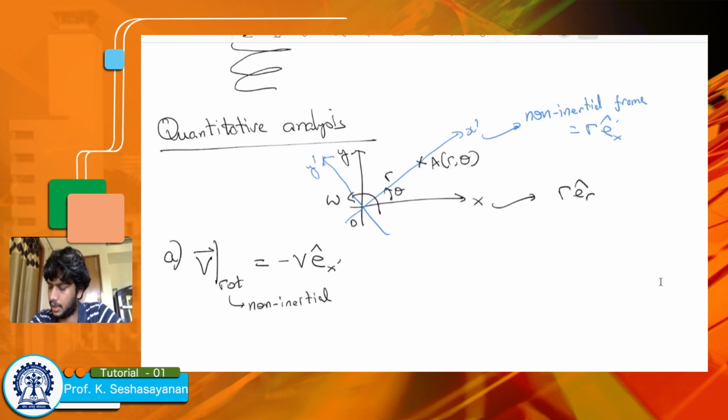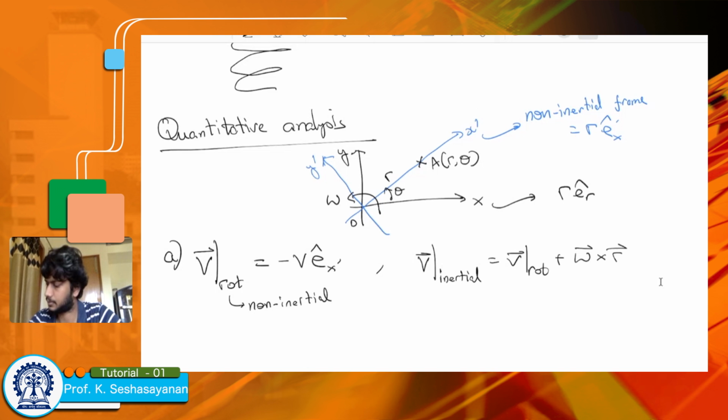From the course we have studied that the velocity vector in the inertial frame can be related to the velocity vector in the rotating frame by adding omega cross r. This is the relation that was shown in the class, so we just use this.